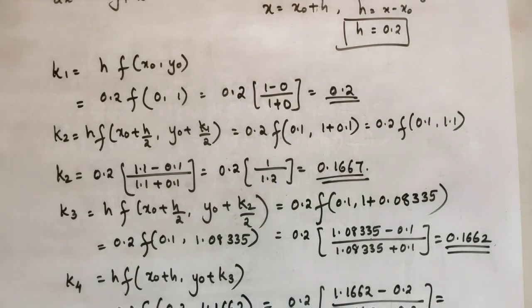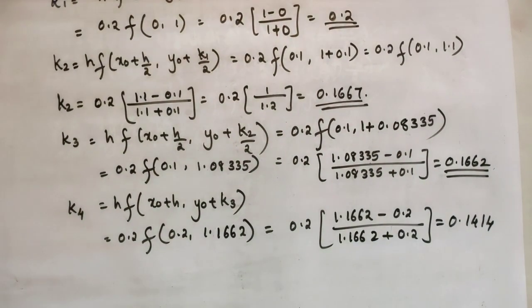Do this, you should get the value of K4 to be 0.1414. Just type all the numbers in the calci and verify, all of you. Just don't copy it.